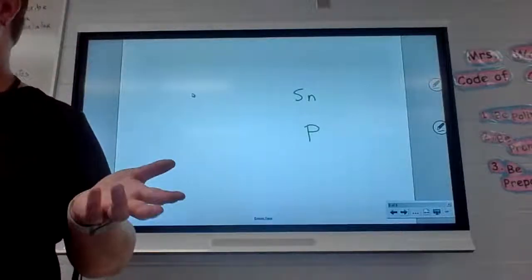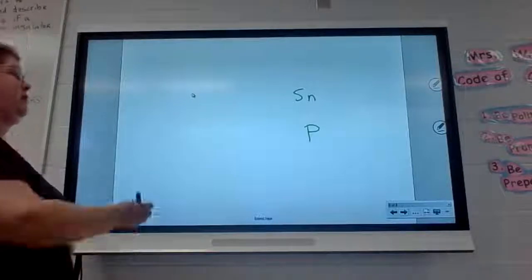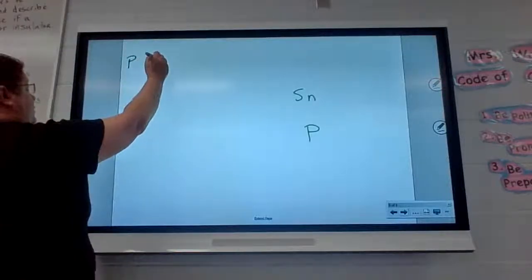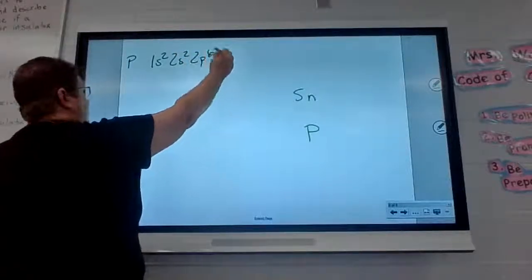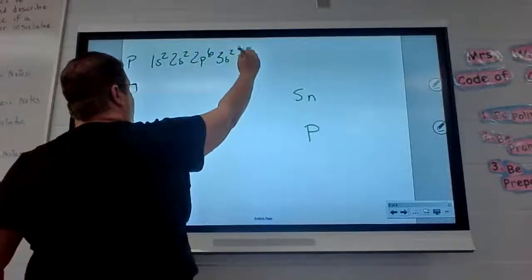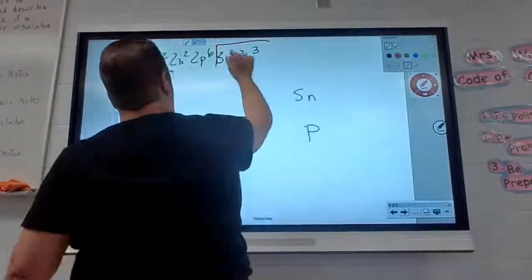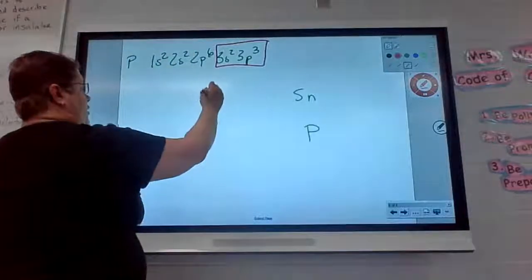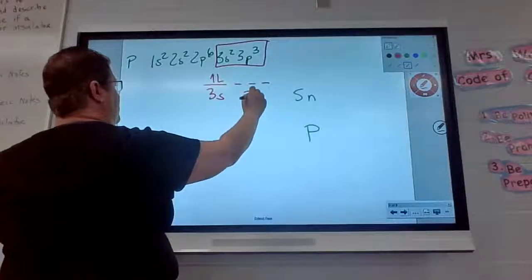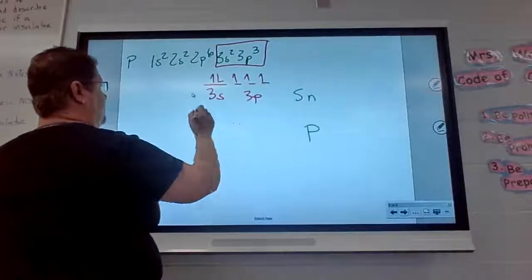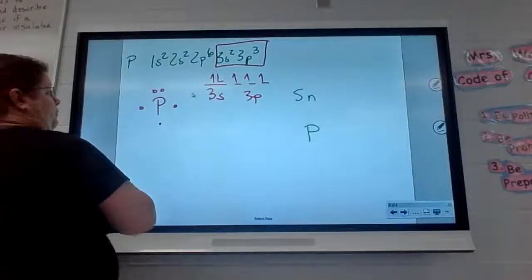You can do all of the arrows if you want, but it really just makes more work for you. You can do this in electron configuration. So for P, you could have said 1s2, 2s2, 2p6, 3s2, and 3p3, and then you just draw the arrows for these. So 3s has 2, and 3p has 1, 2, 3. So phosphorus will have 2 and 3 singles.